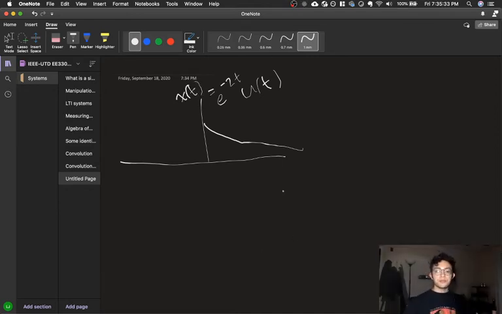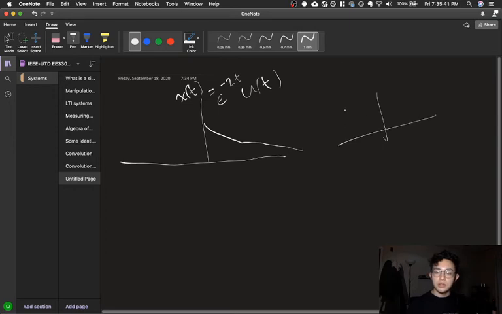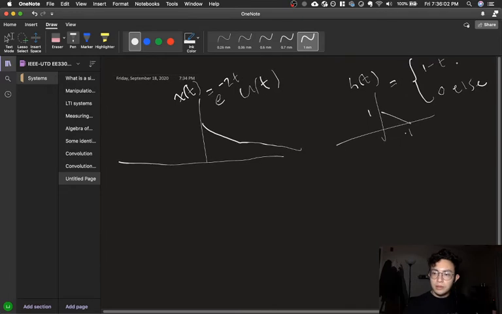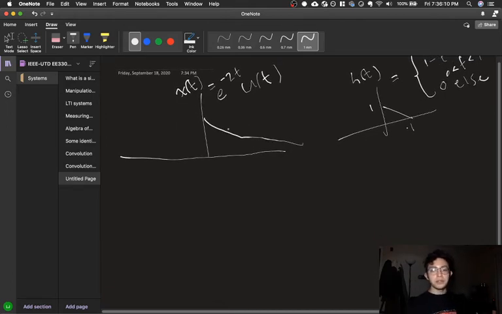And I'm going to convolve it with a ramp function. So h of t is 0 elsewhere, and it's 1 minus t for t greater than 0 and less than 1. Right, so I'm going to do this problem.